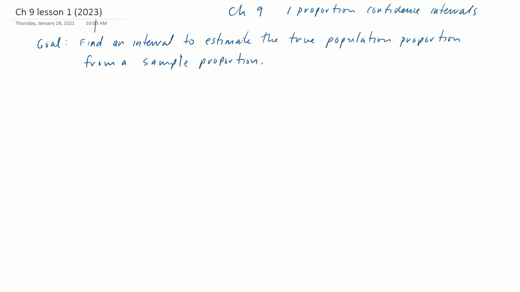Well, usually we don't know about populations, and we oftentimes want to know. For example, let's say in this case, I'm interested in knowing what percent of the population has a student loan that they're still paying on.